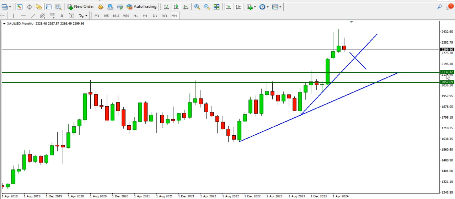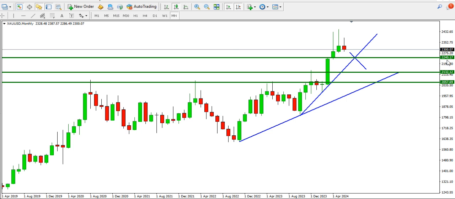So it's either it drops to the first support around here, 2240, the next one 2132, and the next one 2057. So those are the likely support areas where price might drop for gold.